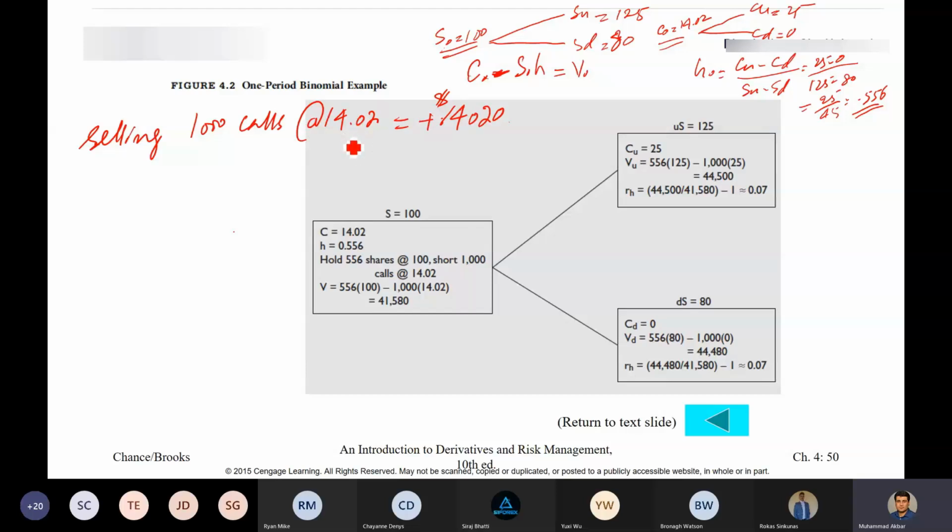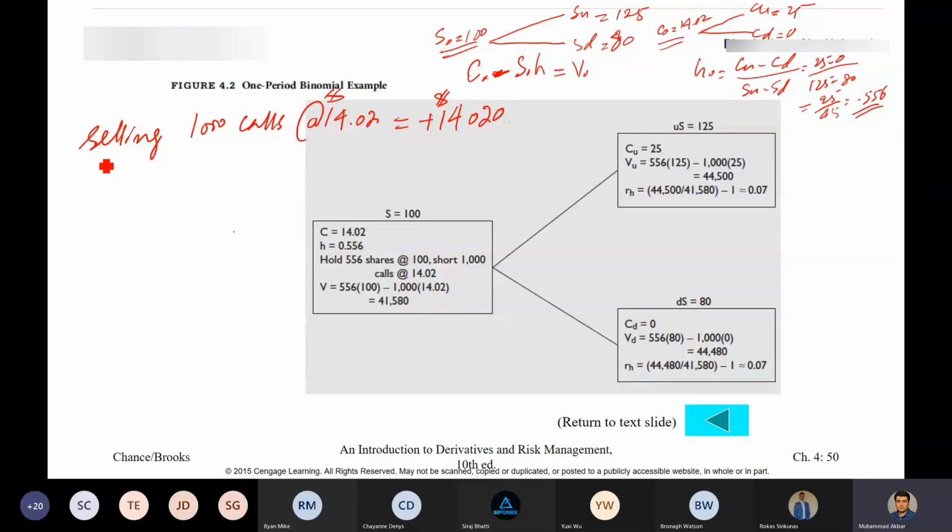Each call is selling for a price of 14.02. So if he sells the calls, he will receive 14.02 per call, that is 14,020 for 1000 calls. Remember, our objective is to establish that the price of 14.02 is the fair price. It is not overvaluing or undervaluing the call.